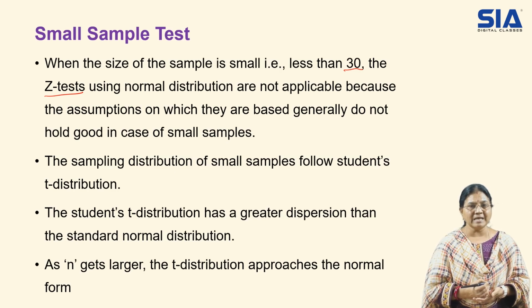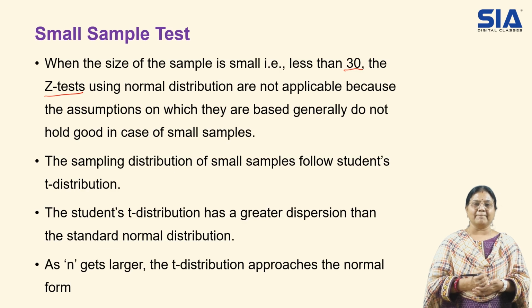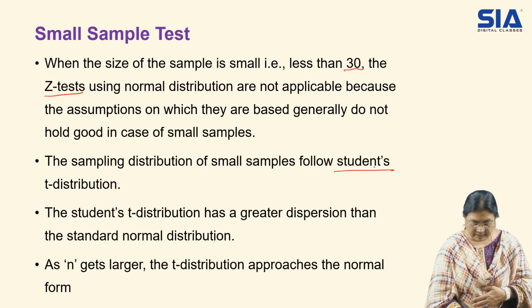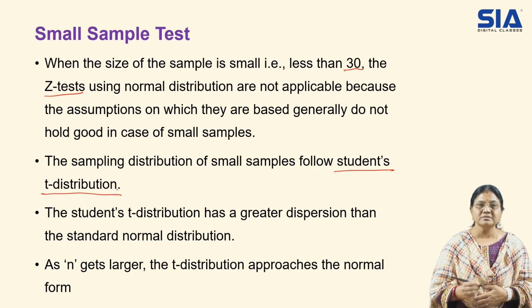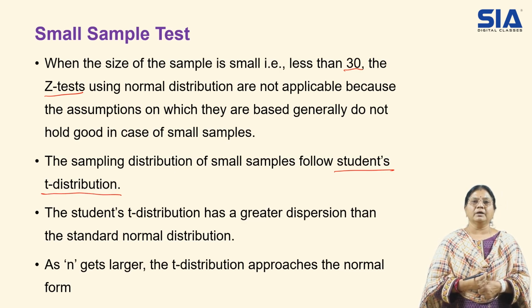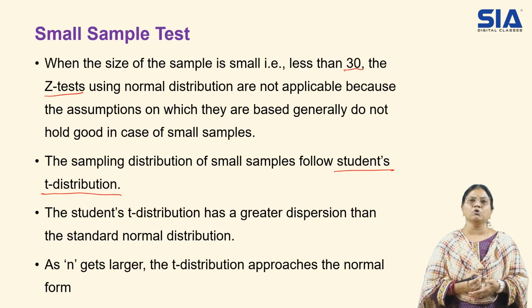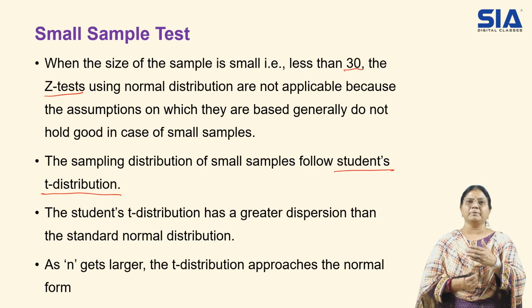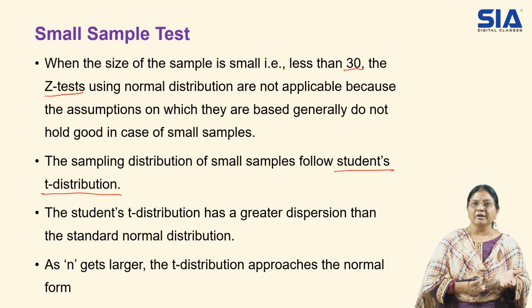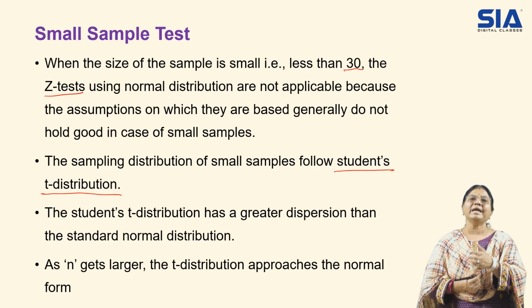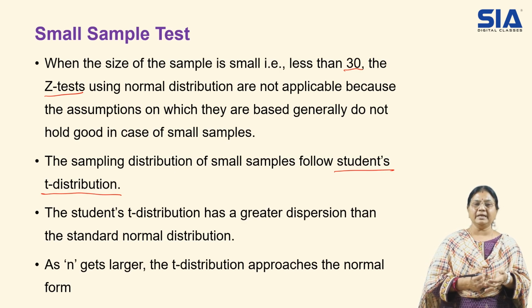The sampling distribution of small samples follows the student t-distribution, also known as student t-test. Gosset, the person who developed this, did not use his own name for the findings. He used a pen name, that is student t-distribution or student t-test.